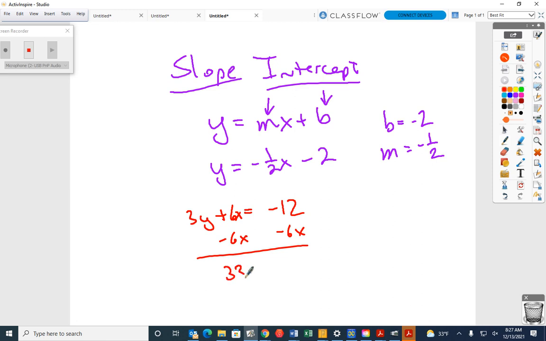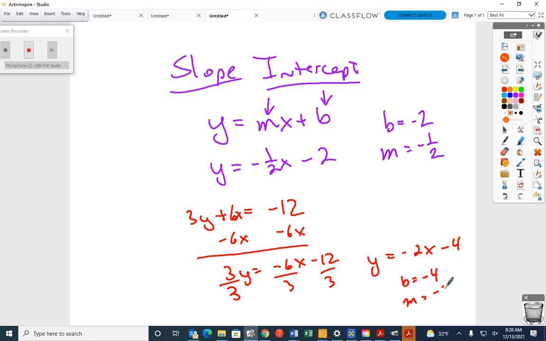So I have 3y equals negative 6x minus 12. y is still not by itself. How do I get y by itself? Divide everything by 3. That gives me y equals, what's negative 6 divided by 3? Negative 2x. What's negative 12 divided by 3? Negative 4. So can I identify my y-intercept of negative 4 and my slope of negative 2 over 1?